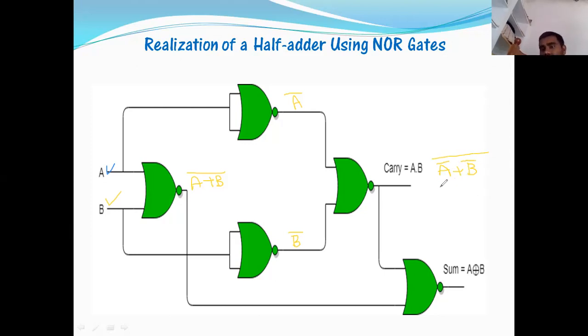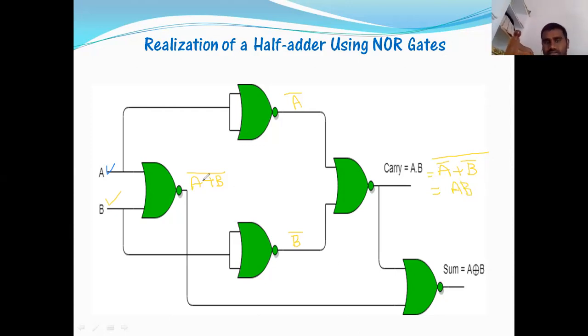So after simplification of these two, we are getting only AB. So that is equivalent to carry of half adder.